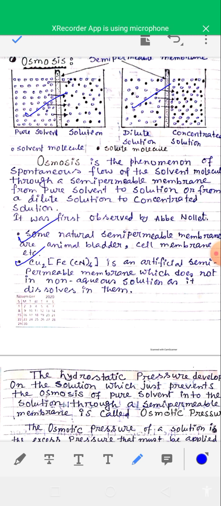Semi-permeable membranes are those membranes which allow the passing of solvent molecules only, not the solute molecules. So a natural semi-permeable membrane is animal bladder or cell membrane, and there are some artificial semi-permeable membranes such as copper ferrocyanide, Cu2[Fe(CN)6], which does not work in non-aqueous solution as it dissolves in them.